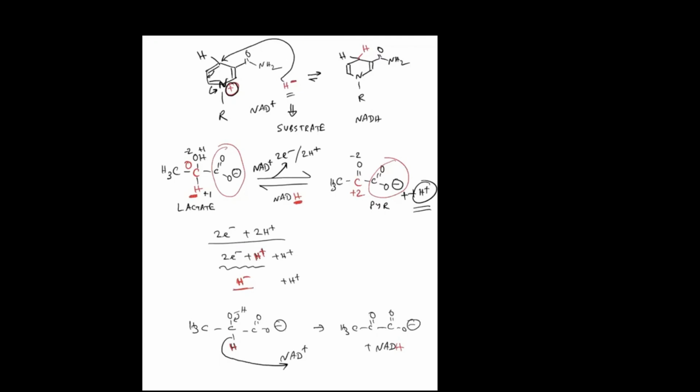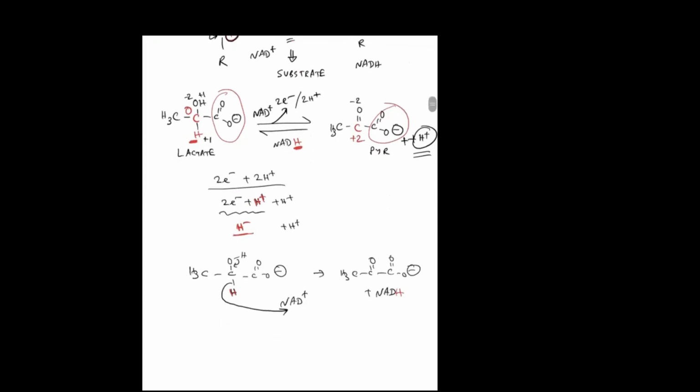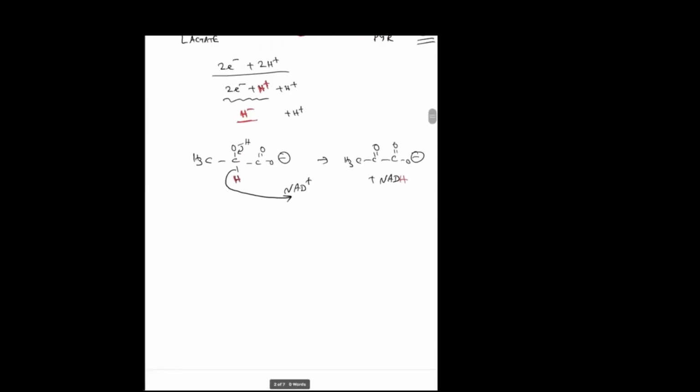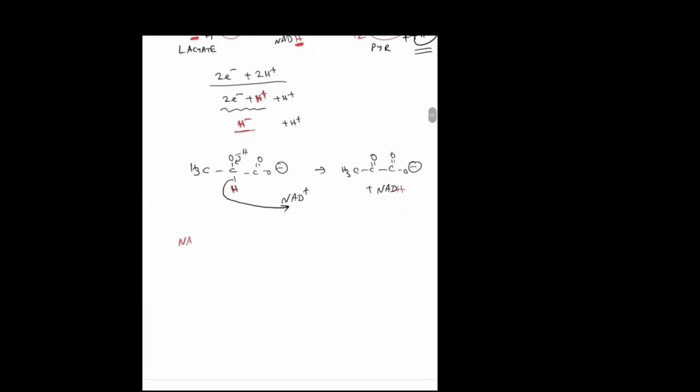The other thing, always put this in your mind: whenever we have the NAD plus NADH cofactor or coenzyme, this pair is always involved in the alcohol to ketone type, or I should say carbonyl, could be aldehyde.